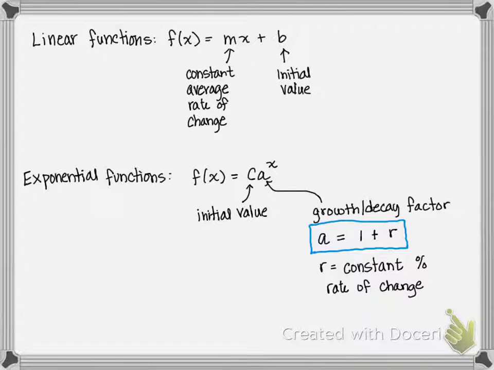It's because the tricky part of these is just going back and forth between the percent rate and the decay or growth factor, because the decay or growth factor is what's in your function, but the percent rate of change is what they typically give you as far as explaining how the y values are changing over time. So we need that A equals 1 plus R to relate those two things so that we can go back and forth between what we're given and what we need for our function.